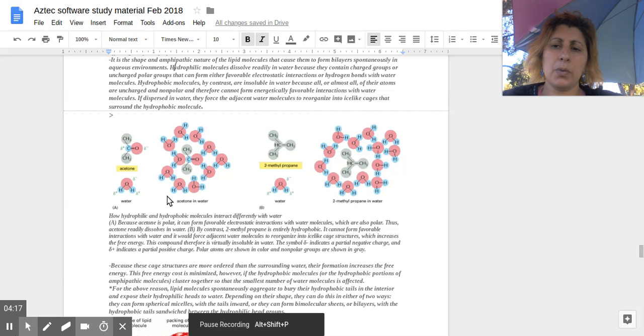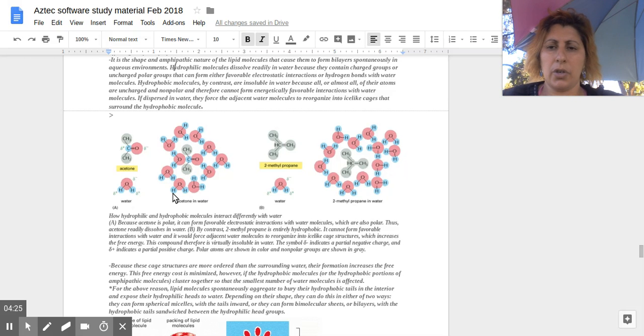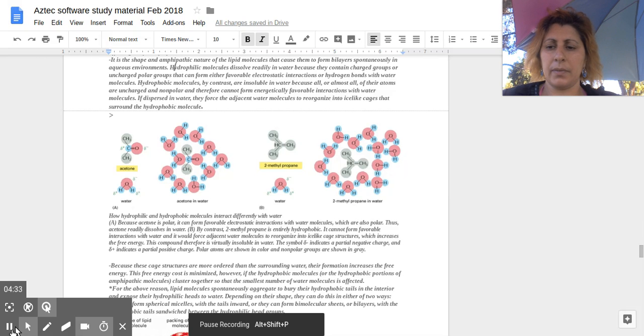However, molecules which are hydrophobic are insoluble, because none of their atoms are charged, so they are nonpolar, and they have unfavorable interactions with water. If dispersed in water, they force the adjacent water molecules to reorganize into a cage-like structure surrounding the hydrophobic molecule.